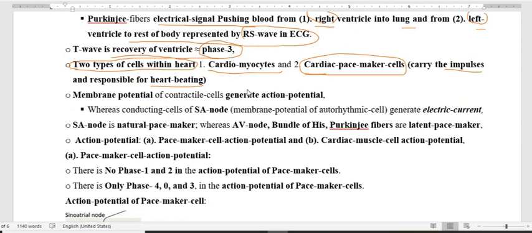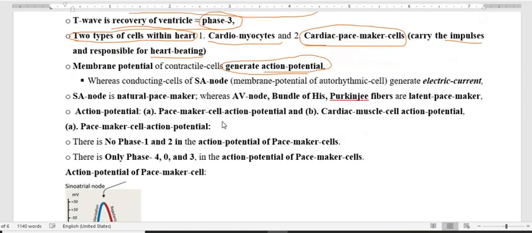In both cases, either the cardiac myocyte or the pacemaker cell, an action potential is generated, but the action potentials are different, which we are going to discuss. The SA node we call the natural pacemaker, whereas the AV node, bundle of His, and Purkinje fibers are all called latent pacemakers.